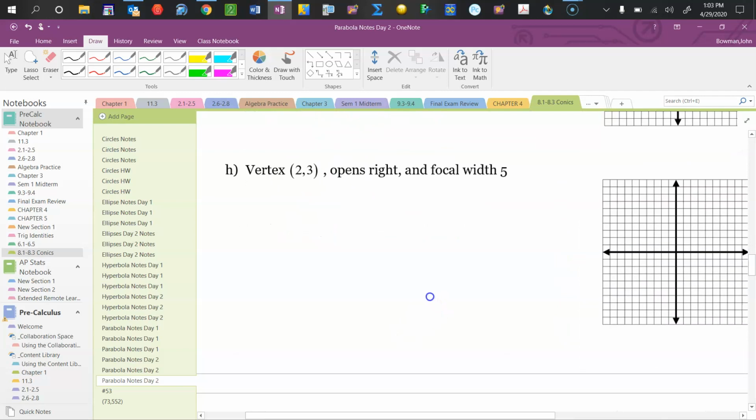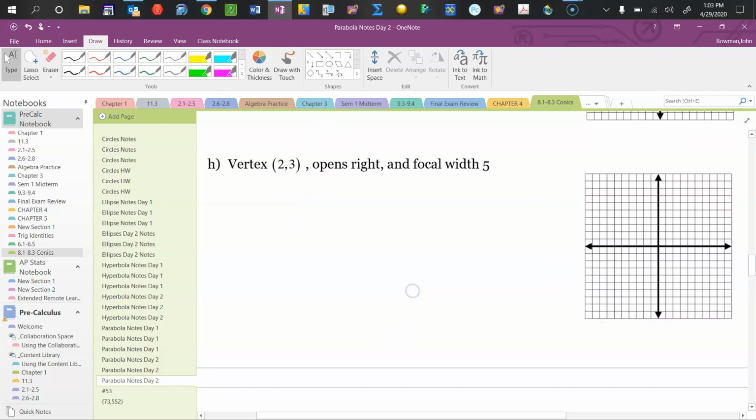And the last one. We have a vertex at 2, 3. It opens to the right, and there is a focal width of 5. So we already know that the y term is going to be squared.